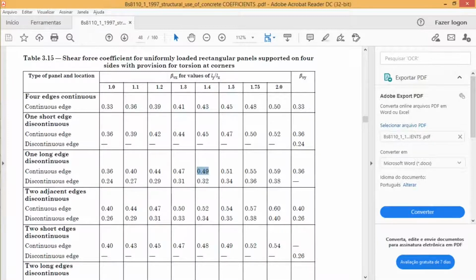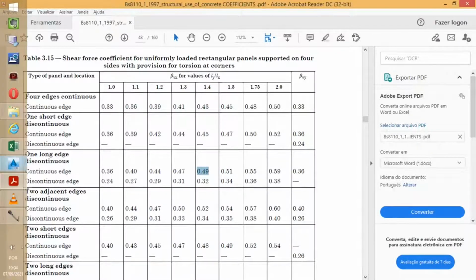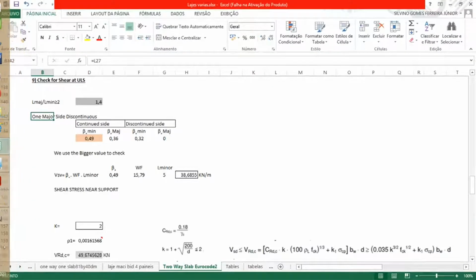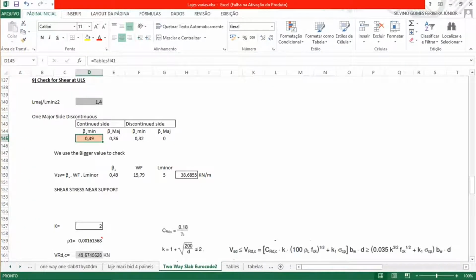So since this is the bigger coefficient, this is why we're going to check only for this one, 0.49. All this beta, this is the bigger one, so we check just for this one. And the expression to calculate this shear will be the V equal to beta multiplied by the factor load by the L, the minus 10.